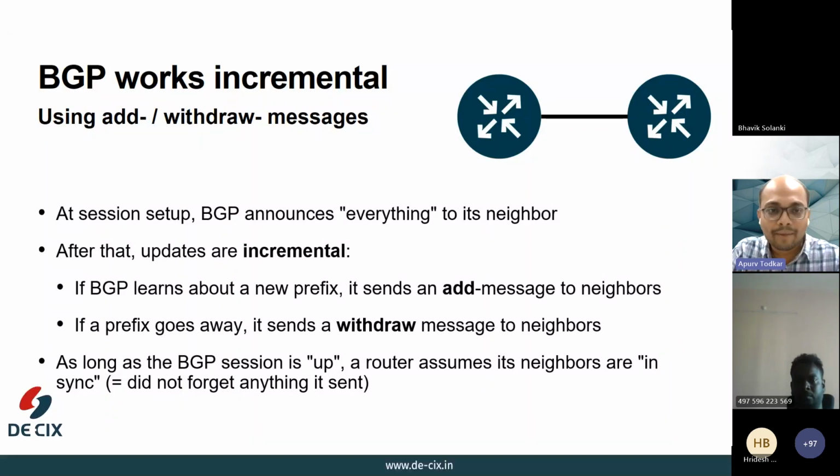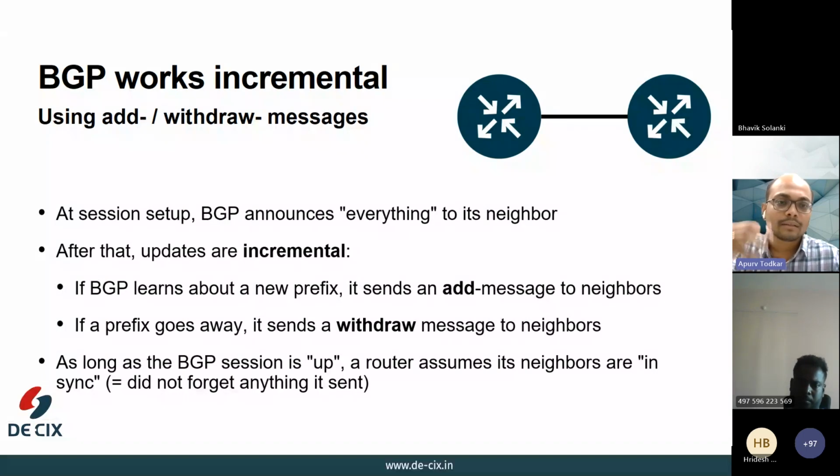There's an add message: if BGP learns about a prefix, it sends an add message to its neighbor saying, hey, I have a new prefix, so here it is. Automatically the connected neighbor knows that a prefix is updated and adds it to its BGP table. Another type of message that BGP uses is a withdraw message. If a prefix is no longer valid, it sends a withdraw message saying that this prefix is no longer available, so remove it from your BGP table.